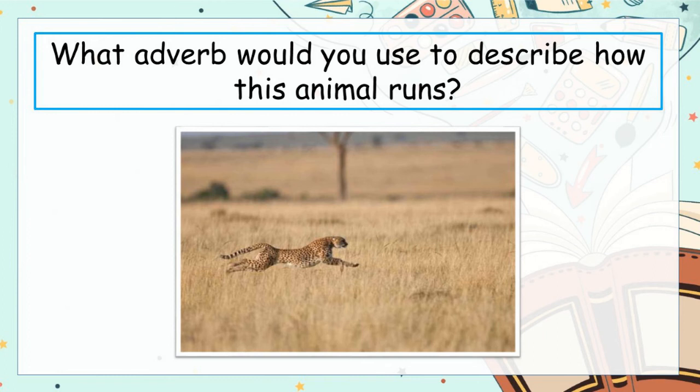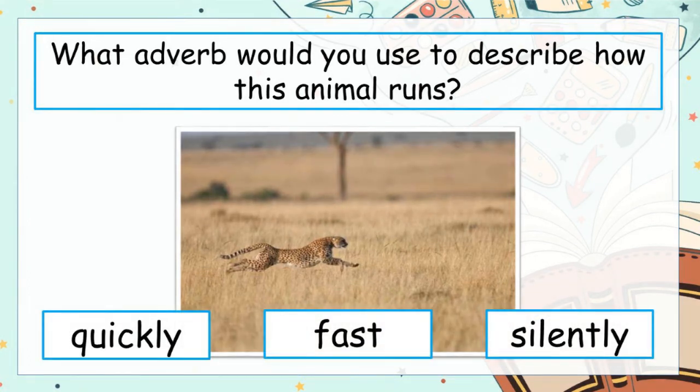Here's the 3 that I went for: quickly, silently, and fast. See, the word fast doesn't end in ly, so it doesn't always work. It's still an adverb, because if I put it in a sentence, the cheetah runs fast. Fast tells us how he runs.